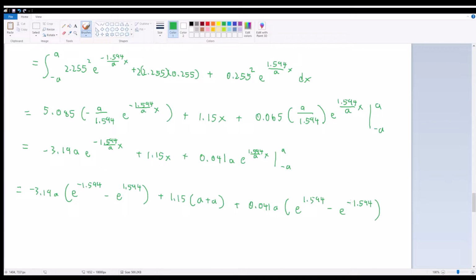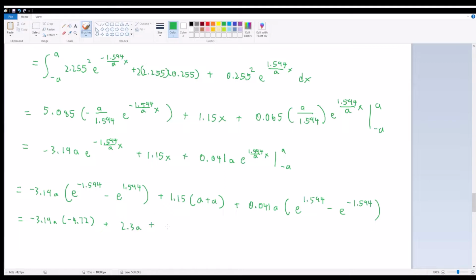Okay, now I go into my calculator again. e to the negative 1.594 subtracted by e to the positive 1.594 is going to give me negative 3.19a multiplied by negative 4.72. And we're adding 2a times 1.15. 1.15 times 2 is just going to give us 2.3.